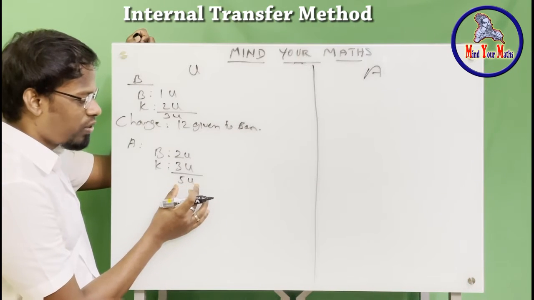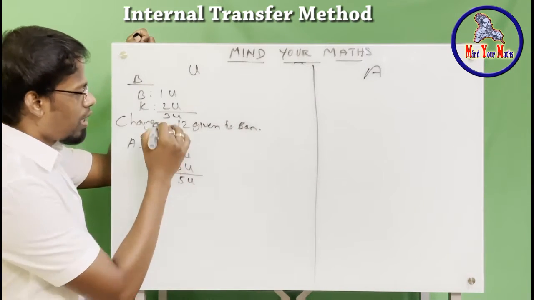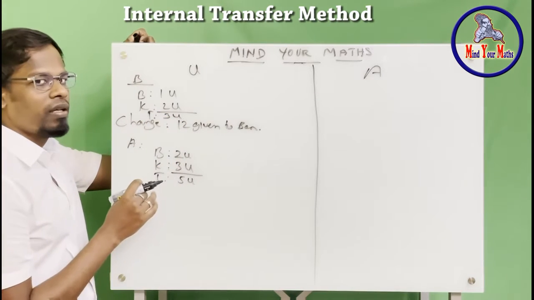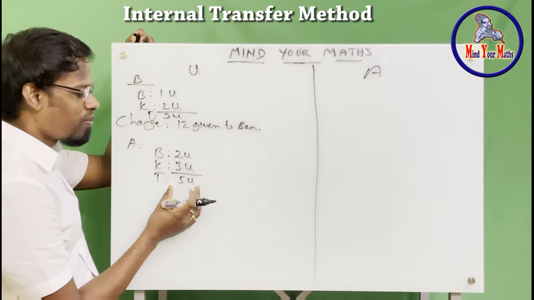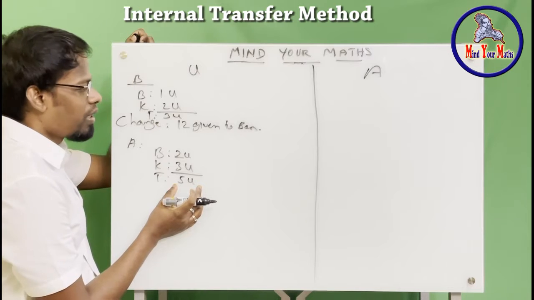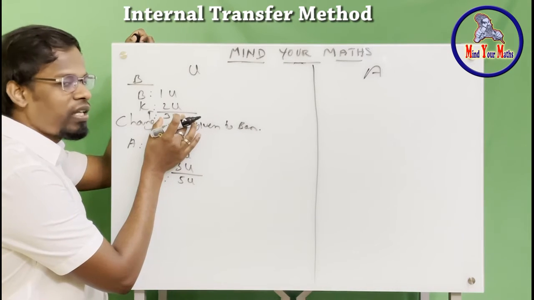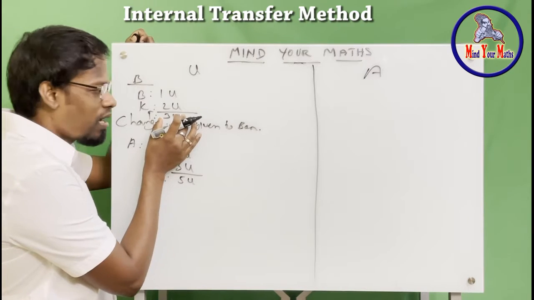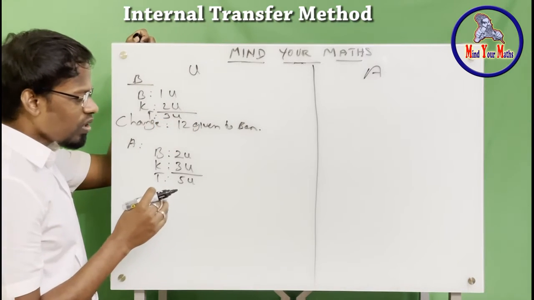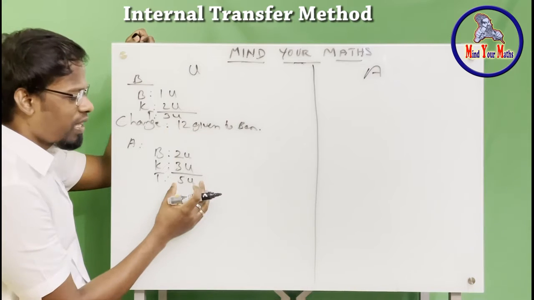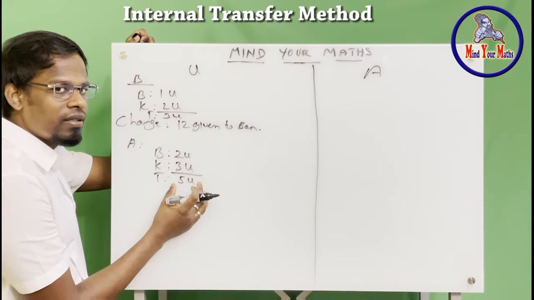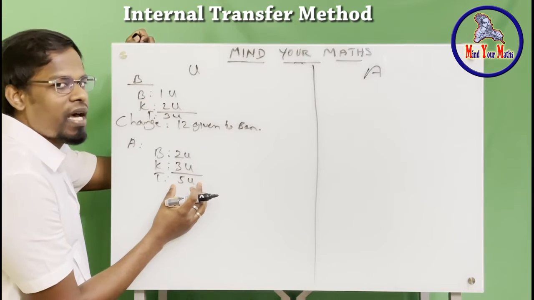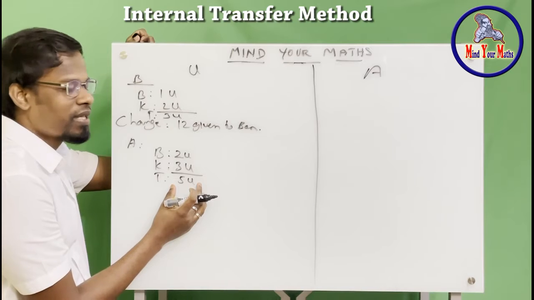So these 5 units, the total, and this total are the same, which means the number of marbles in these 5 units and the number of marbles in these 3 units are the same. So we have to make both of them become the same size.